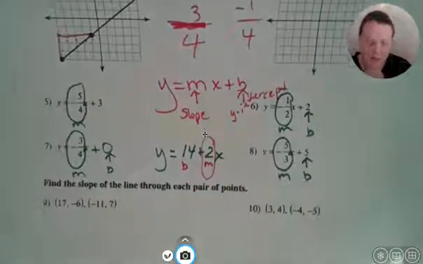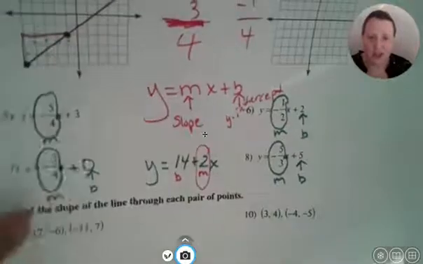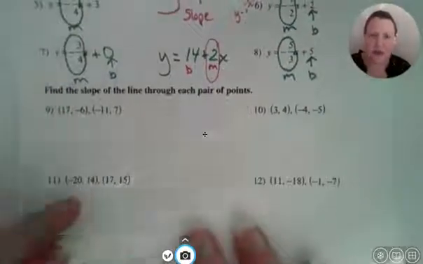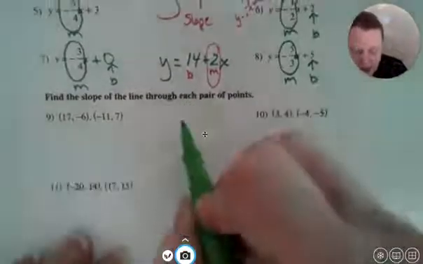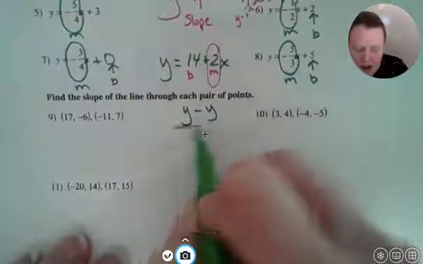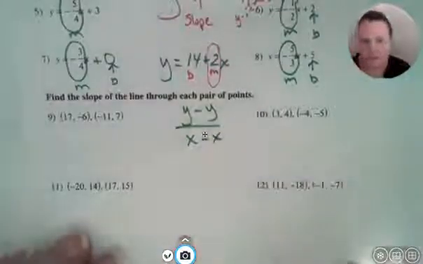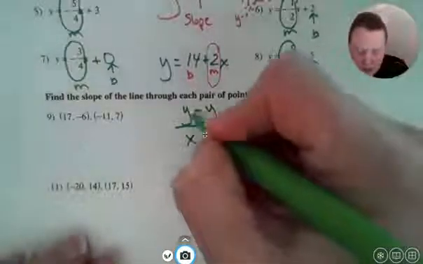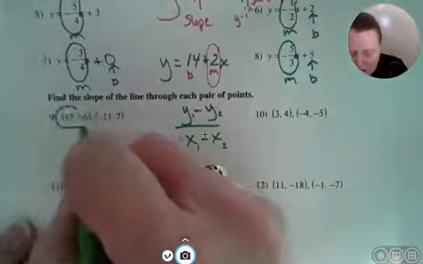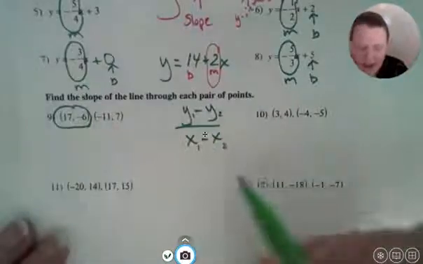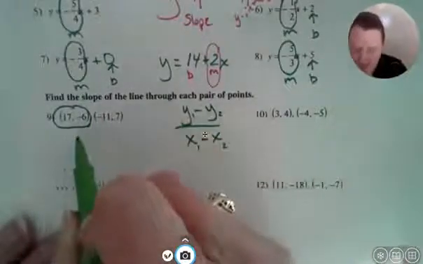Okay? So now we're going to look at the last type of problems here. As I scroll the paper up, we have to remember our formula. If you have not already remembered it, we have y minus y over x minus x. Again, remember, you get to pick which one goes first and which goes second. I'm going to choose to do this one first. I am going to put the y's on the top.